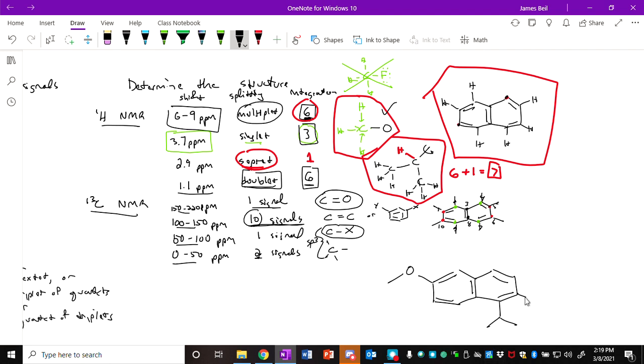And then the other 1, 2, 3, 4, 5, 6 hydrogens would account for the integration of 6 for the aromatic hydrogens.